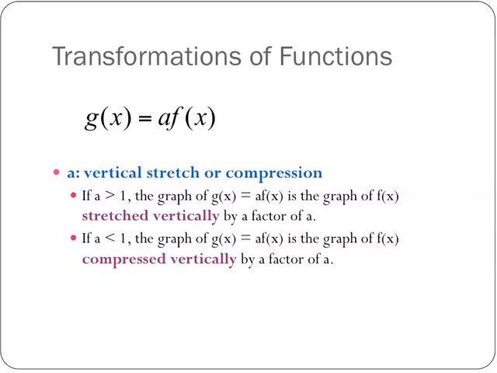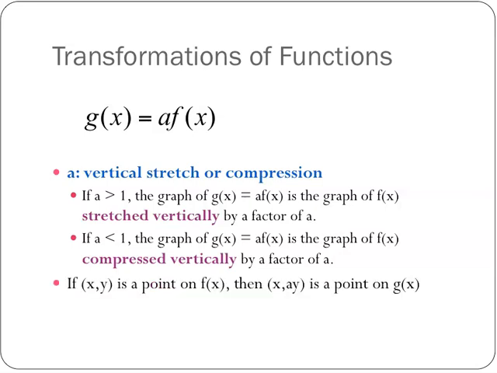For vertical stretches and compressions, if you have the point x comma y on your parent function f of x, then x comma a times y will be a point on the transformed function. In other words, you multiply the y value by a, and that's the same regardless of whether it's stretched vertically or compressed vertically. So you would either multiply by 3 or multiply by 1/2, whichever one it is.